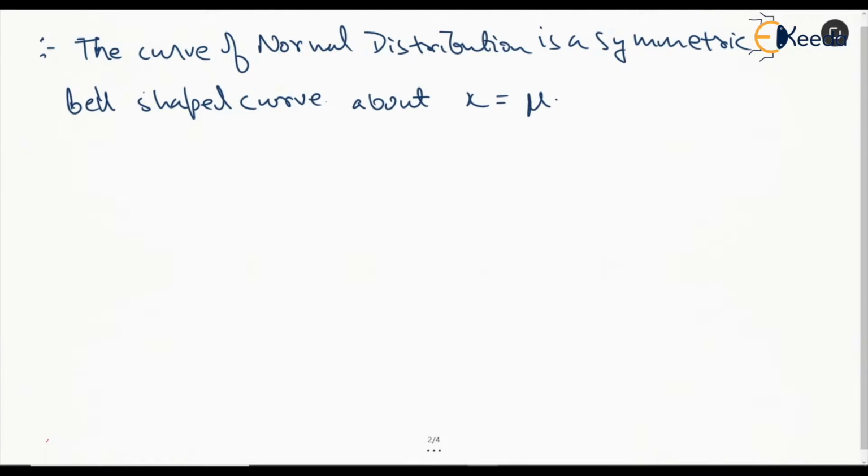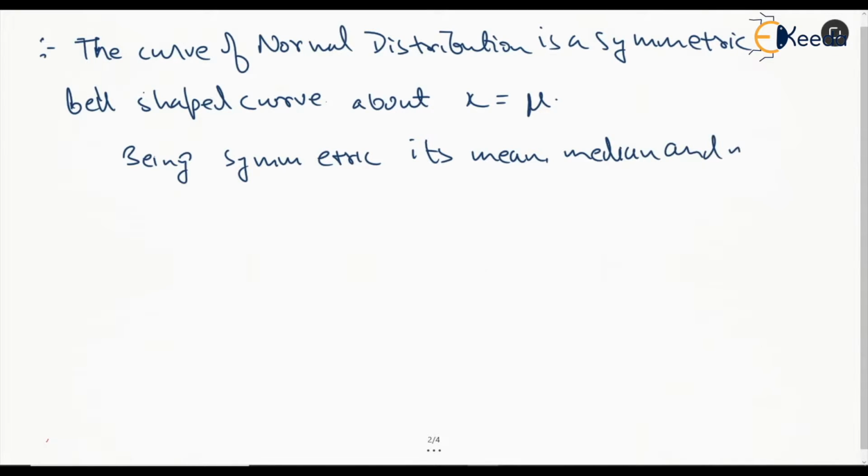So it is symmetric about this mean value x equal to mu. And we know that for any symmetric curve, the mean, median and mode are all the same. Being symmetric, its mean, median and mode are all same.